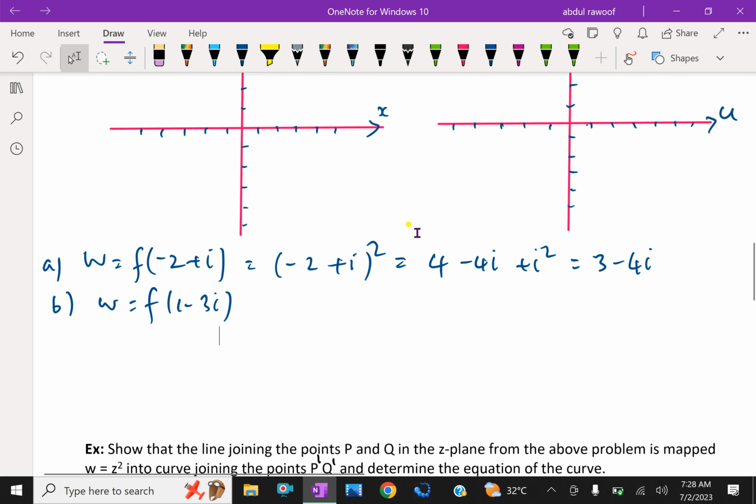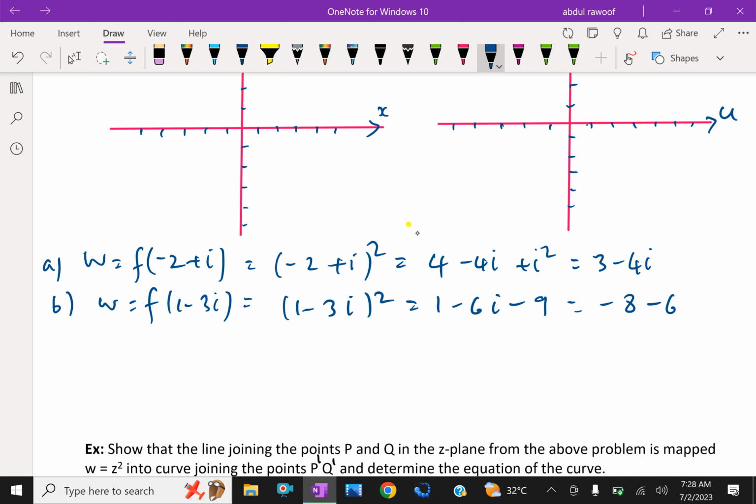So we have 1 minus 3i the square, equal to 1 minus 6i, minus i square is minus 1 into 9, 3 square is 9, that is minus 9, which is equal to minus 8 minus 6i.